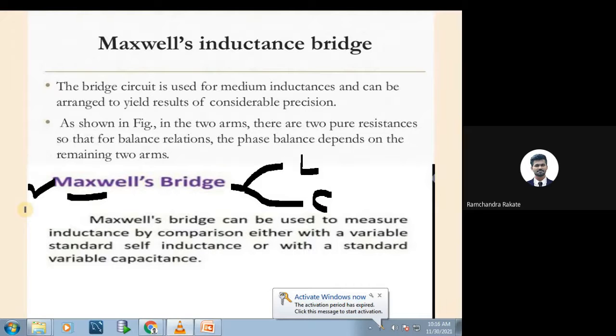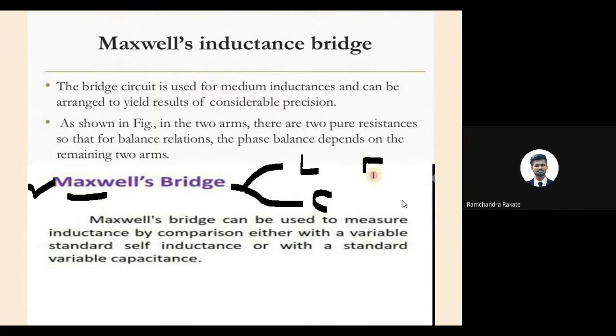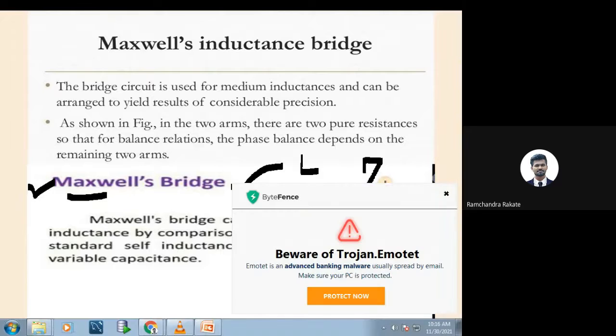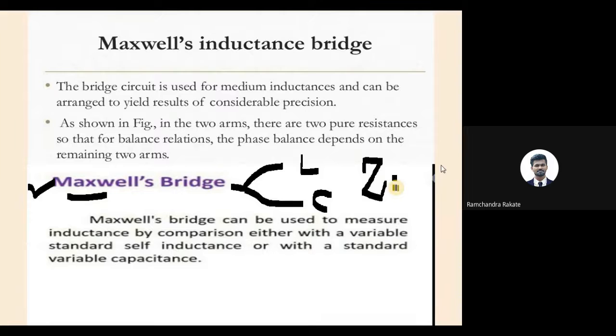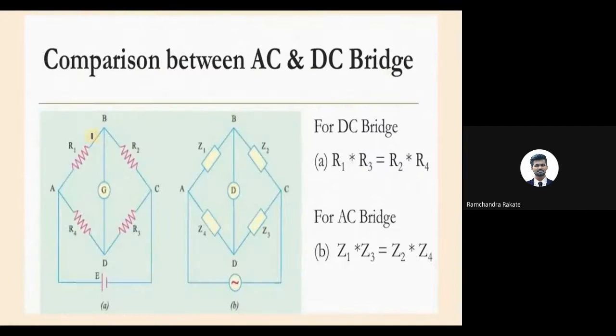Maxwell is the scientist who developed this method. These bridges work on the principle of balance ratio of impedance. So here, instead of only resistance, we include impedance, and because of this impedance we will obtain null deflection. All these Z1, Z2, Z3, Z4 are impedances, and again we call them ratio arms.